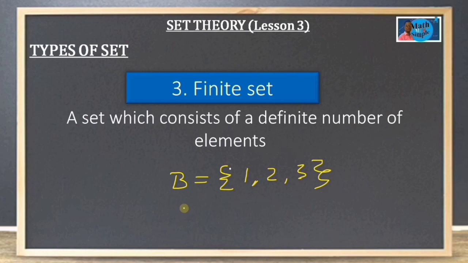Or it could be this: set C equals 3, 9, 27, with 3 dots up to 125. Okay, this is also a finite set because we can count the number of members of this set.